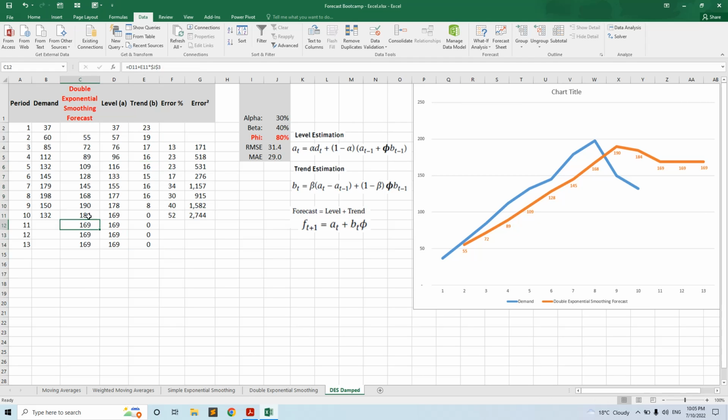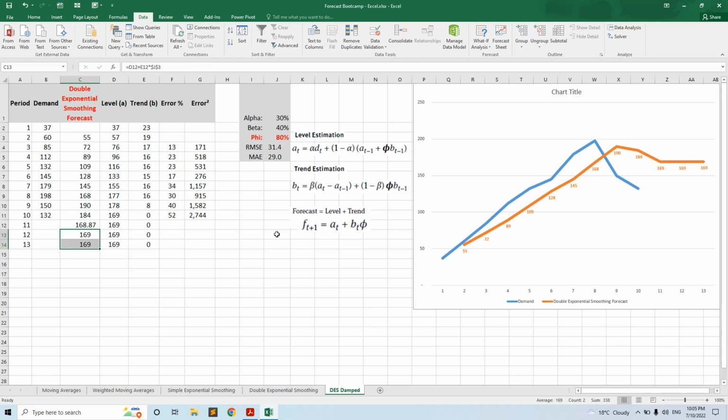Okay, so after we finish the real periods, we remain with the formula of the forecast being the previous level plus the trend multiplied by phi. But at some point the trend becomes zero, so the forecast remains constant. So this is a more real estimation for the long term.